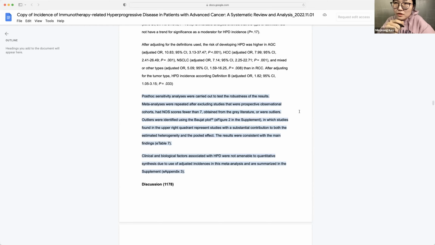And we did one more sensitivity analysis by excluding the conference abstracts. So if you go to the supplement link, it's on page 53.